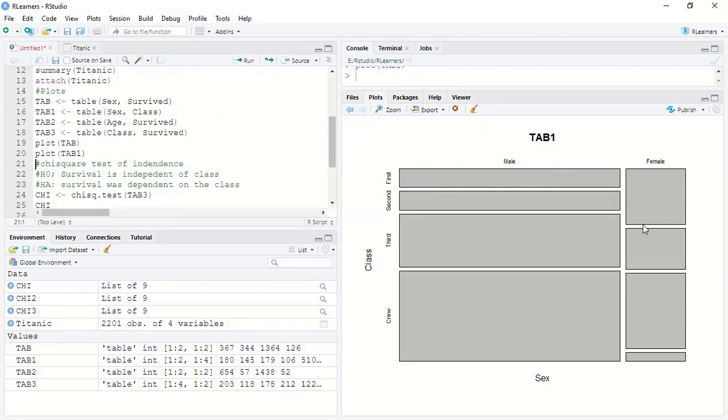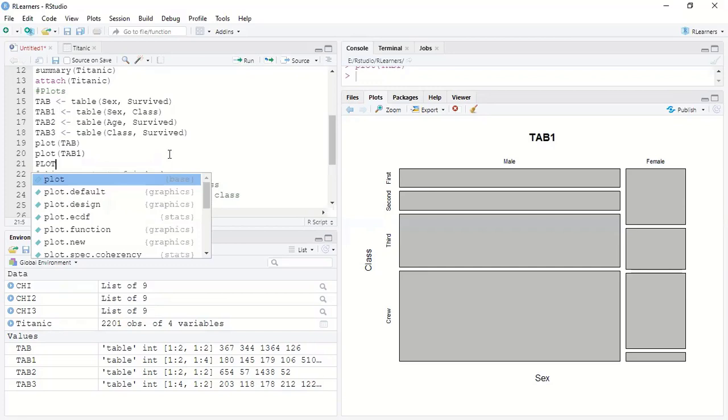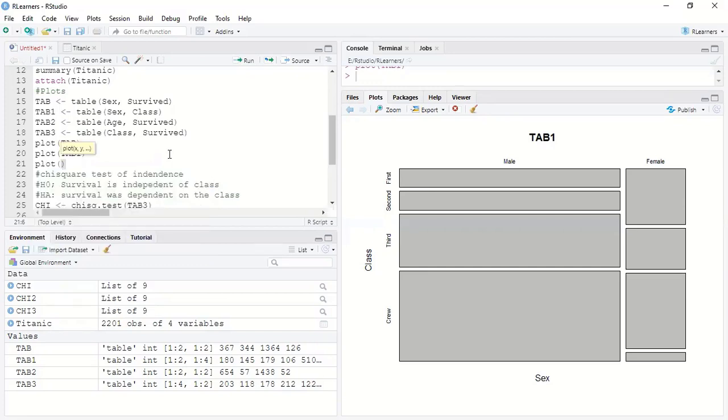The crew on that ship were quite a number of males, and the females were very few. Proportionally, there were more females in the third class compared to males. So this just gives you an idea of the people who were on that ship. Let's plot tab 2.